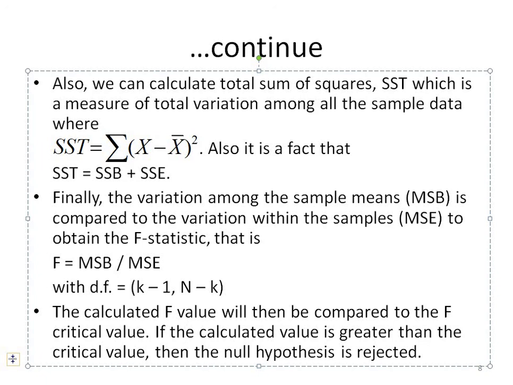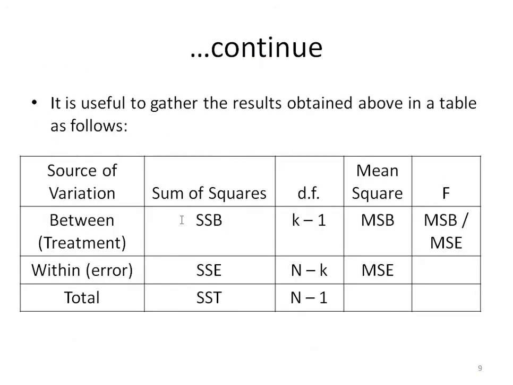And after calculating all of these, SST, SSE, SSB, MSB, MSE, we have to summarize them in a table, where here the source of variation: between group, within group, total; sum of squares: SSB, SSE, SST; degrees of freedom, mean square, and F value. You have to substitute inside here.